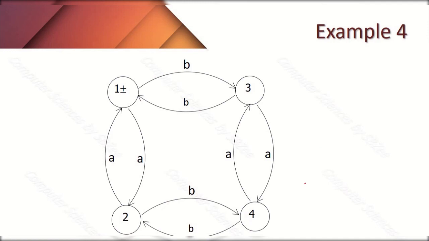Each time this machine generates an even number of A's and an even number of B's, and all the transitions of A's and B's are completed at each state. Let's suppose A, B, B, B, A and B, meaning 2 A's and 4 B's, again an even number of A's and an even number of B's.